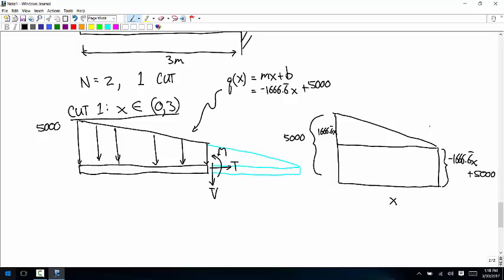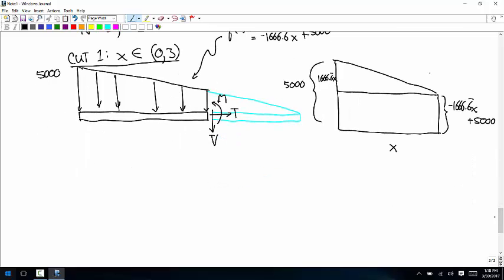And now we can treat these totally separately. We have a triangle with a height of 1666.6 repeating times x and a width of x, and the centroid is a third of the way.